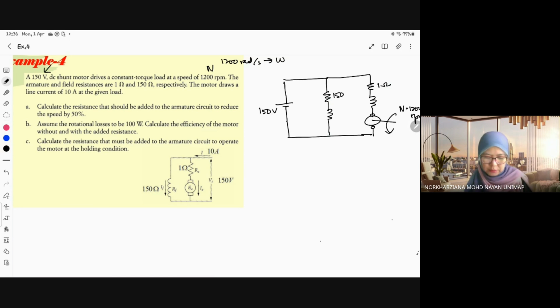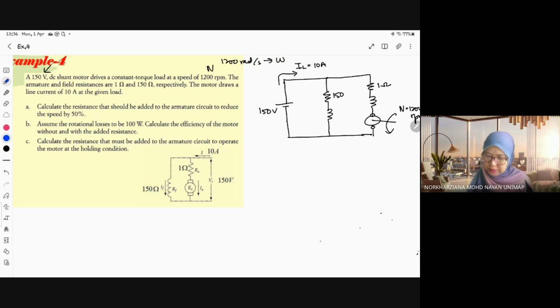Next, the motor draws a line current. Where is the line current? Line current is from the source. So this is your IL, 10 ampere, at the given load. Now calculate the resistance that should be added to the armature circuit.